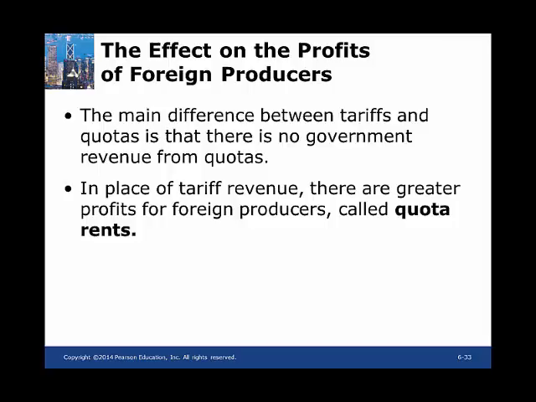The effect on the profits of foreign producers. The main difference between tariffs and quotas is that there is no government revenue from quotas. In place of tariff revenue, there are greater profits for foreign producers, called quota rents.